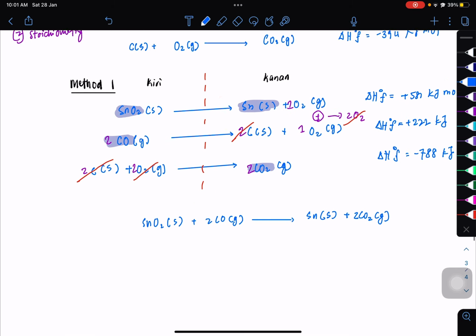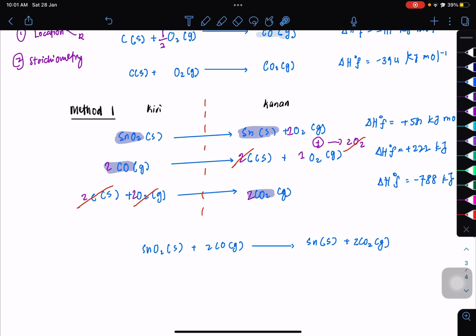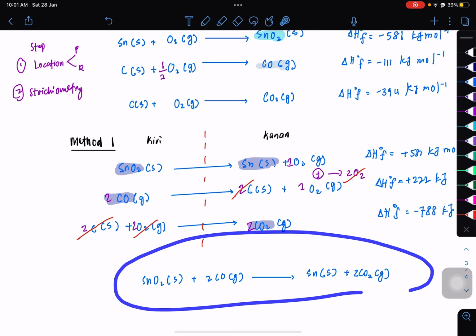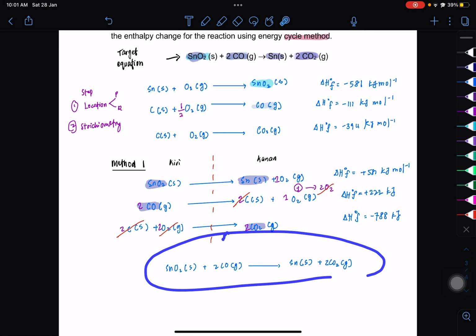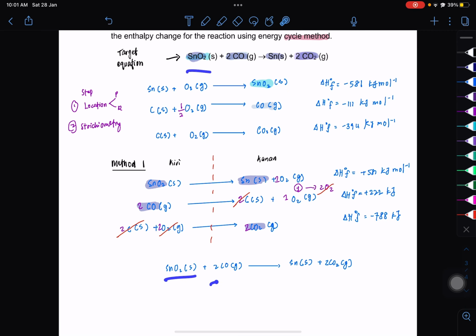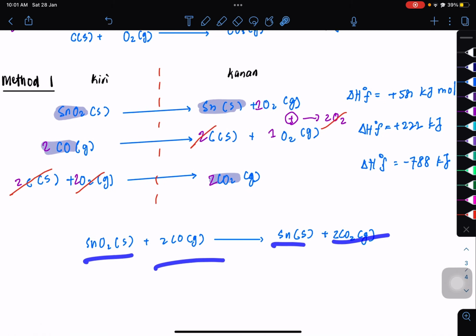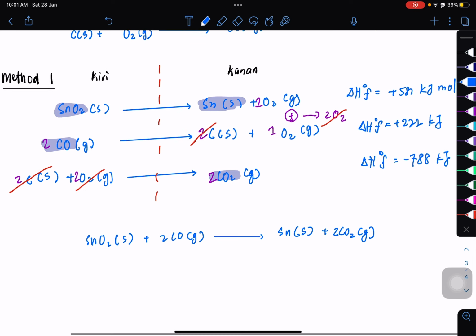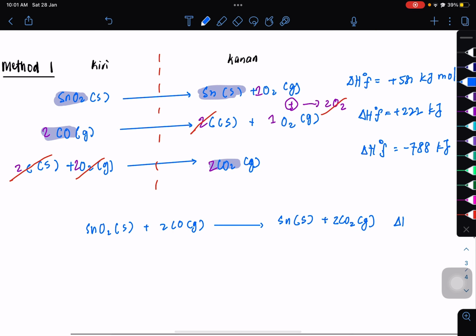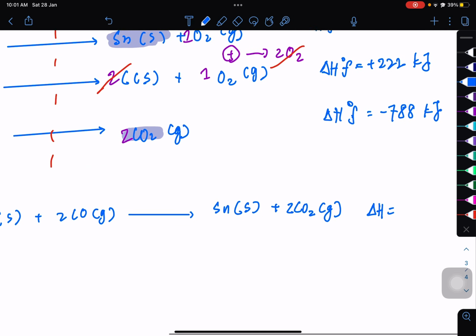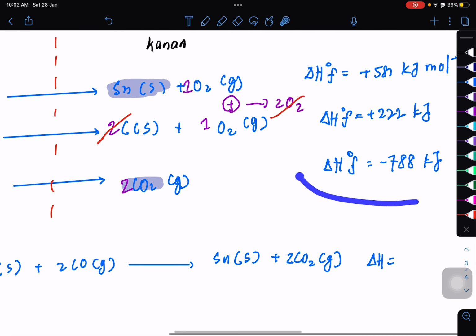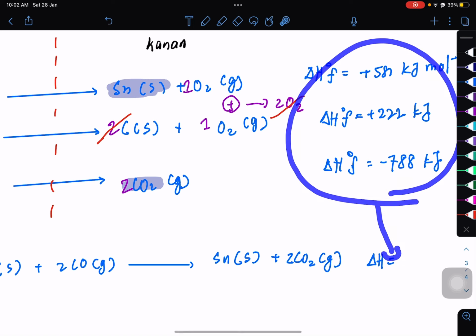If you aware, yang equation yang you buat di bawah ni sama dengan your target equation yang you ada. Nampak? Sn ada 1. Nampak tak? Sama kan? Sama. But you must to find the value of enthalpy. So you just tambahkan saja ini dan you letak situ.